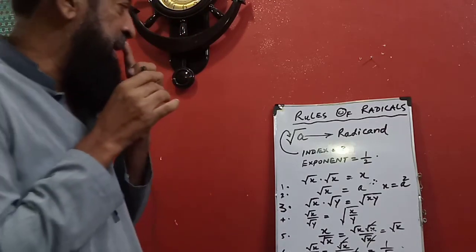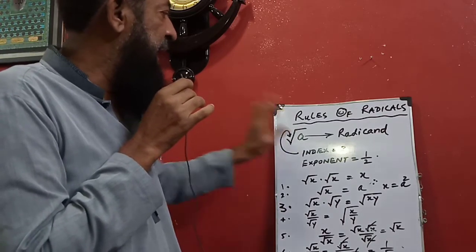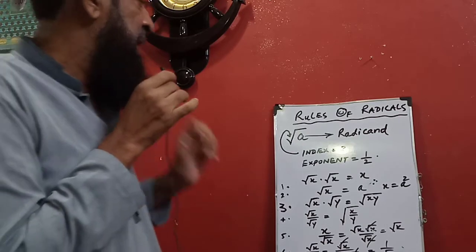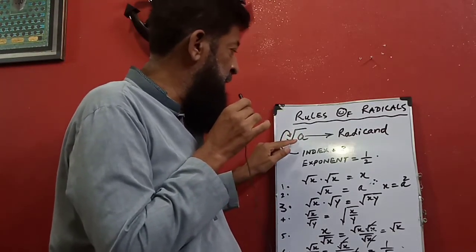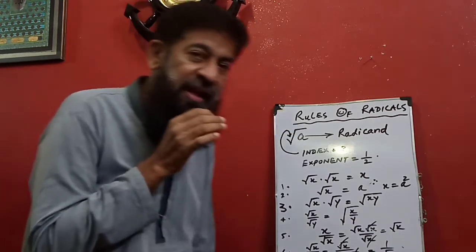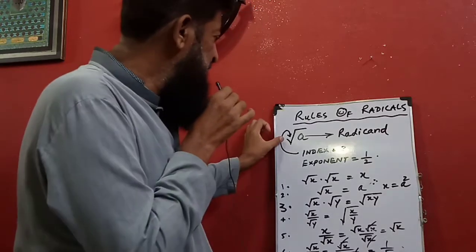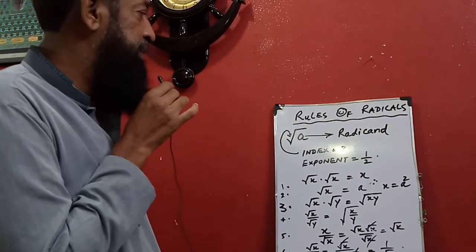A radical means the sign like this. In this sign, the number or terms under this sign is called the radicand, and this symbol is known as the radical.